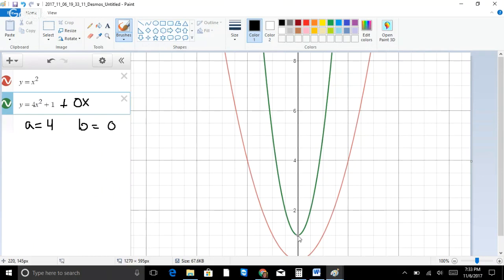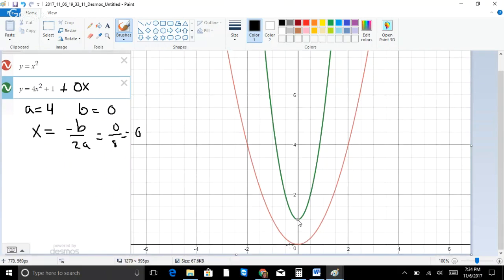Now when I go to find the x of my vertex and my axis of symmetry, it's negative b over 2a. Well, b is 0, so it doesn't matter what 2a is, even though I know it's 8. My x component of my axis of symmetry is 0, which lines up with my graph. You guys saw that already. My x component is when x equals 0, which is basically my y-axis. All right, but what about the y component of my vertex?